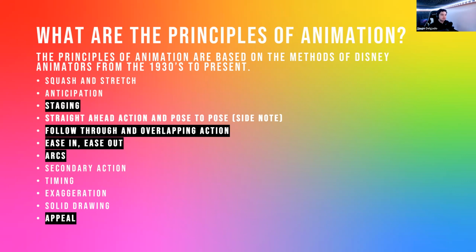Basically, that means you have the start of an action and the end of an action. I was talking about that in terms of keyframing. And basically, the computer says, okay, so if you're here and you want to get here, then I'm going to make up what the middle looks like. You just need to give me the start point and the end point. So keyframing uses pose to pose. So After Effects uses pose to pose.